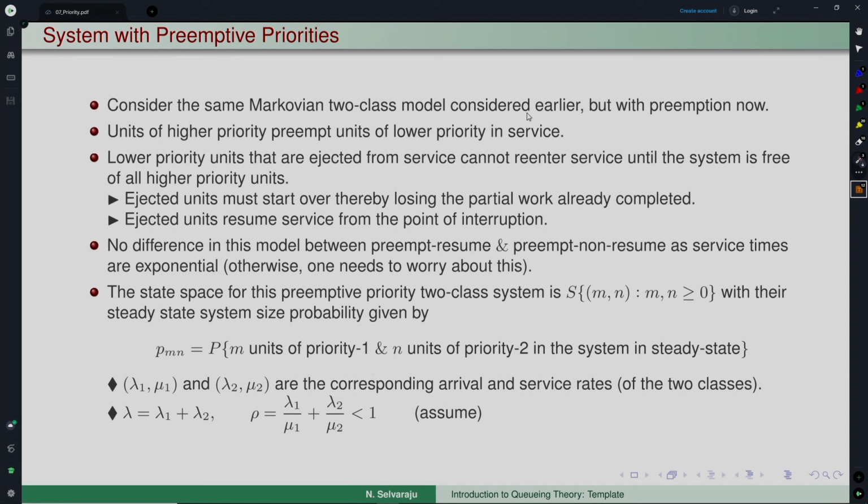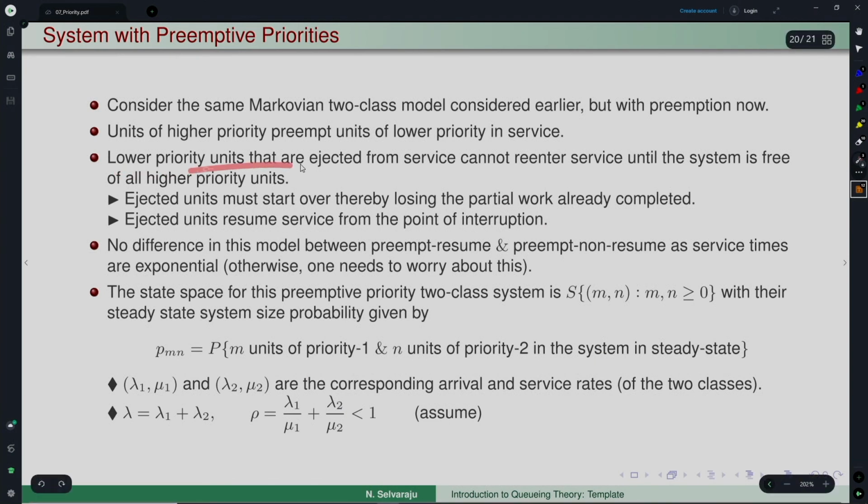But when a higher priority customer comes, he will interrupt the ongoing service of the lower priority customer and get into service. The fact that a lower priority customer is in service means that no higher priority customers are waiting in the queue, that is clear. So, whenever an arrival happens, if it is higher priority, he will interrupt the service of the lower priority customer, and his service will start.